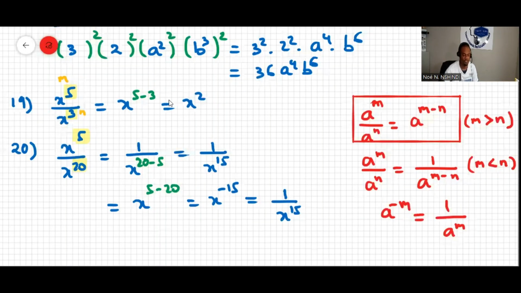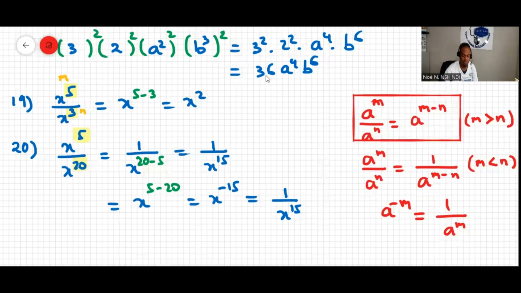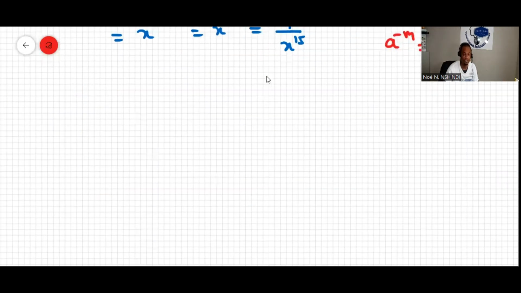Okay, we'll leave question 21 and 22 for you to practice, and then I'll do question 23. Question 23 says negative 12 a to the power of 14 over negative 18 a to the power of 6. In this case, we can solve this by simplifying. Negative over negative is positive. Then we can also simplify 12 and 18.